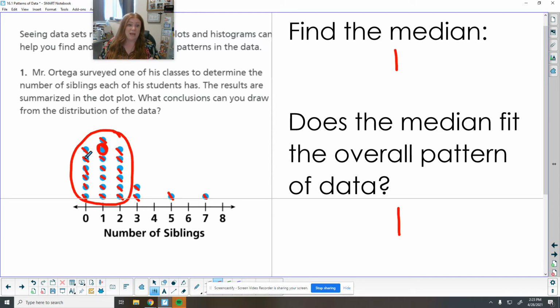It's only 1 away. Some people have 0, some people have 2, but that's still a pretty close representation. You could also argue no, 1 is not close to 7. By saying it's only 1, that's not really representing the people that have larger families. So you can argue either way. You just need to justify and prove your answer.